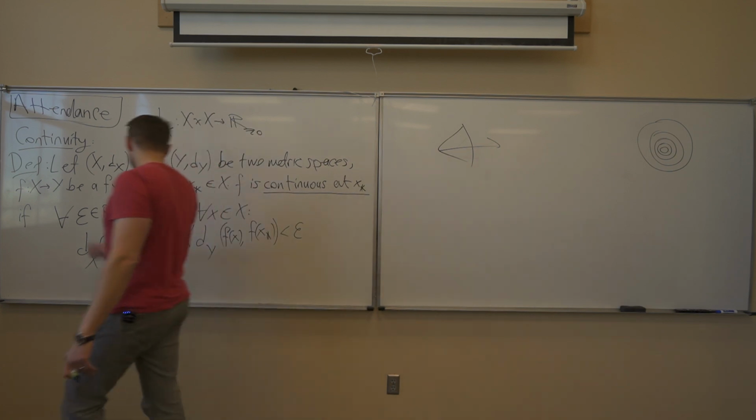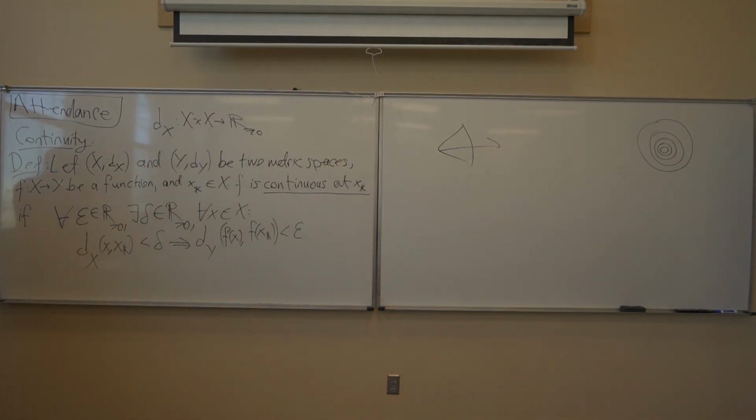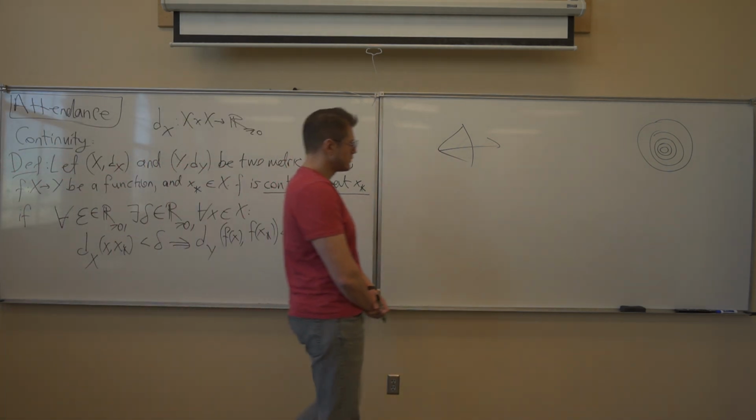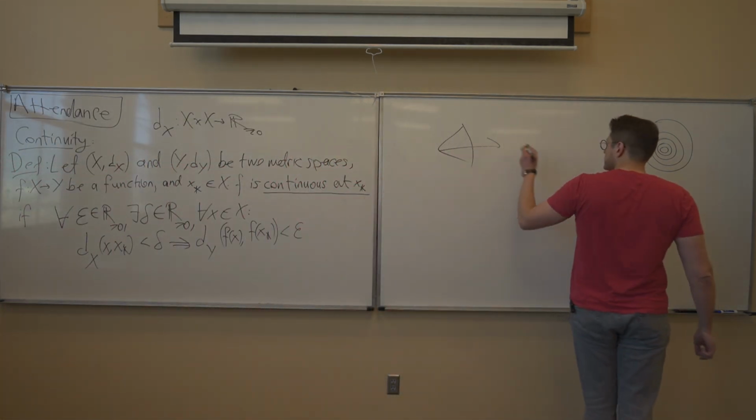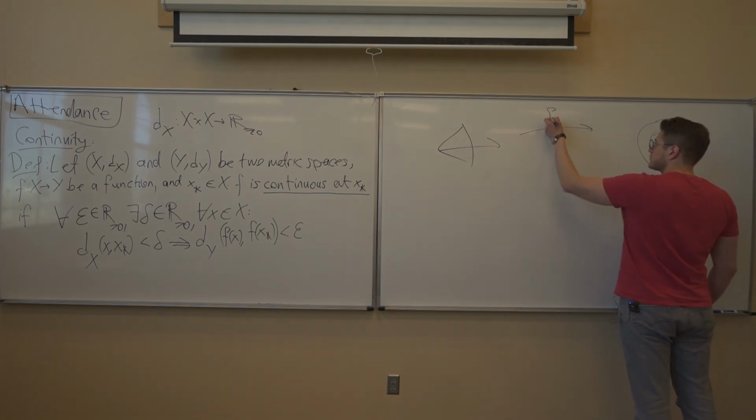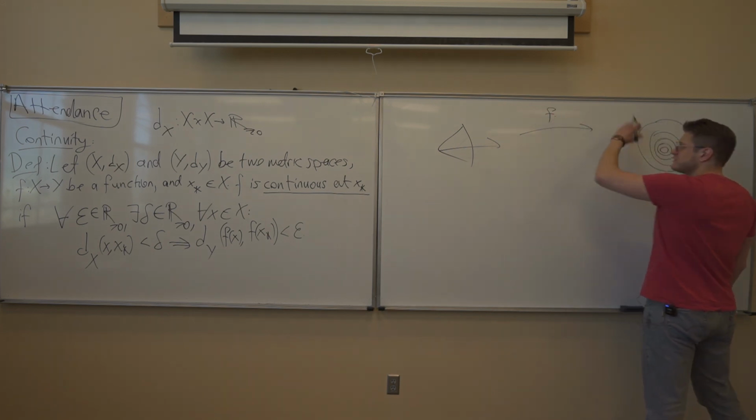I'm just trying to justify why this order of variables. So f is your arrow, or rather, it's the archer itself.